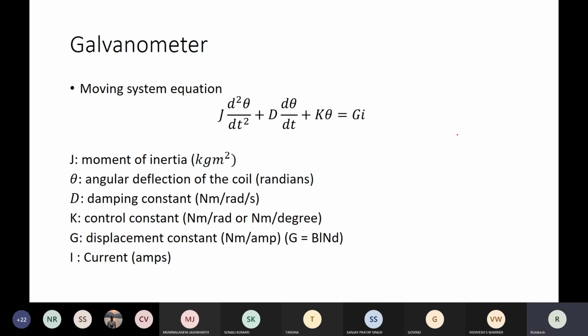In fact, all the moving coil instruments which are based on the PMMC principle can be characterized using a moving system equation, which is shown here. Now, which type of equation is this? Which type of instrument does it indicate? Which is a characteristic equation of which type of instrument?